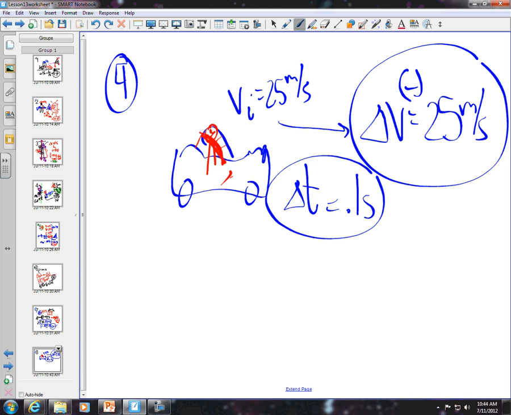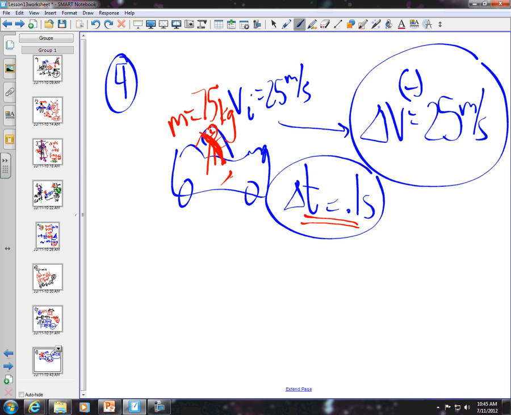So whatever acceleration or deceleration the car is experiencing, the dummy is going to experience as well. So 75 kilograms is the mass of the dummy. Mass of the car doesn't matter here because that went into determining the amount of time it took to come to a stop for this change in velocity to occur.